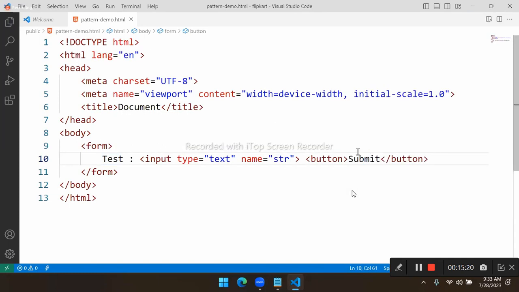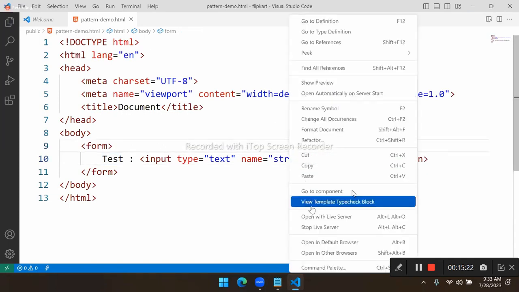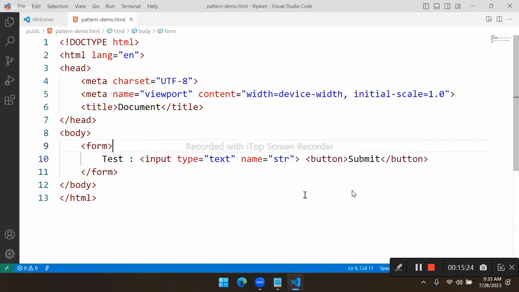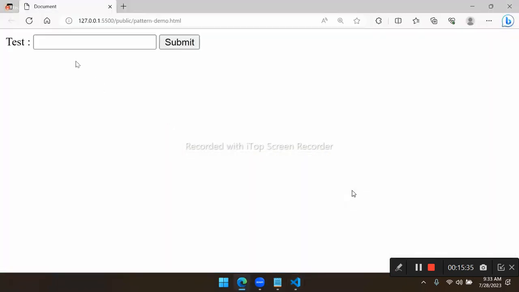Now, the point here is, in this text box, I want to restrict the value. I don't want the user to enter any value, whatever he wants, in the text box. Here I want to put a restriction. User should not submit anything. Actually, I want the user to submit only one word through this text box, that is color.